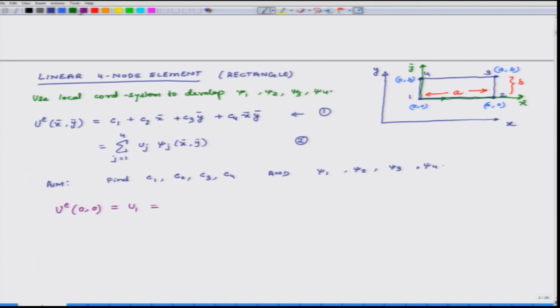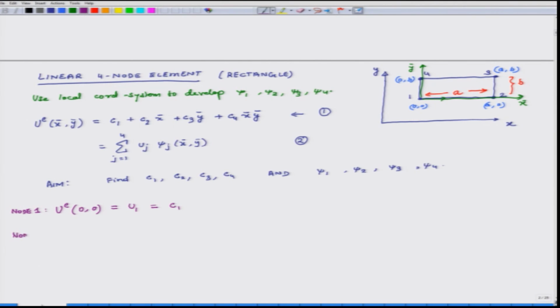So, if I use equation 1, then at the first node, node 1, u is u1 and that equals C1, since x bar, y bar are 0. So, all the terms involving C2 and C3 vanish.